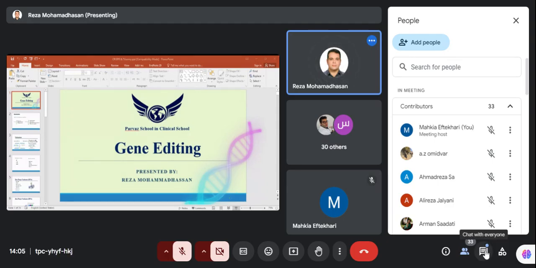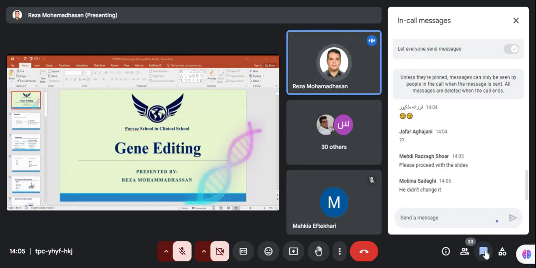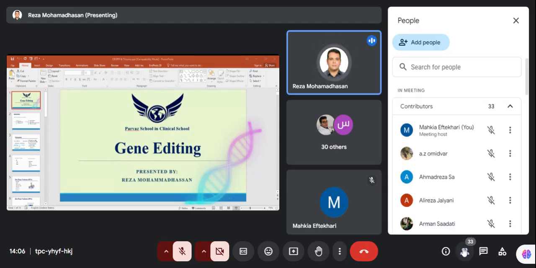There are three well-known technologies for genome editing: ZFN, TALENs, and also CRISPR.